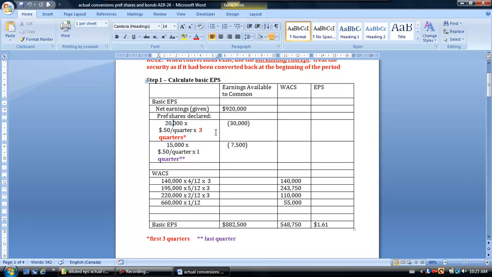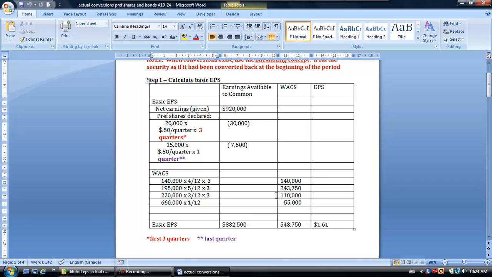But in the last quarter, don't forget, if 5,000 converted, then you're only paying dividends on 15,000 preferred shares. That's all that's left at the end of the year, and that would be 50 cents a quarter for 1 quarter, and that's the last quarter. So therefore, earnings available to common, if you go down here and add all that up, you're going to get $882,500 available.